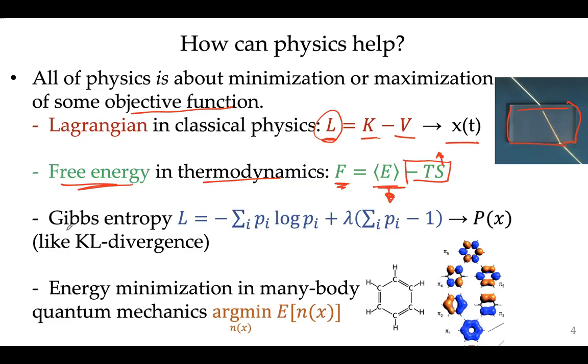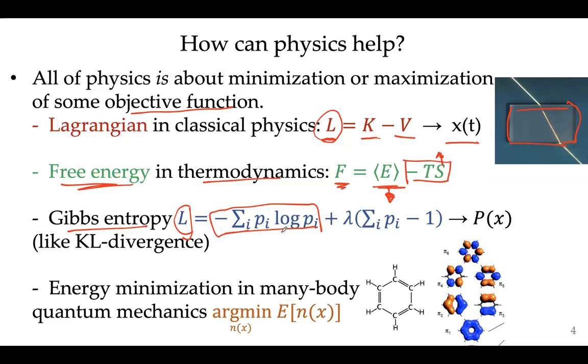Now, what about Gibbs entropy? Again, you can minimize Gibbs entropy. Gibbs entropy is this first term. Again, we have some objective function here. This could be for a distribution of a gas in a room. These are probabilities of the particles in certain states.